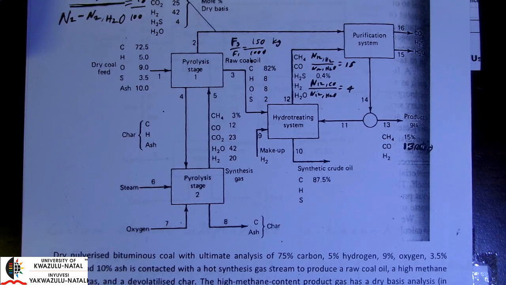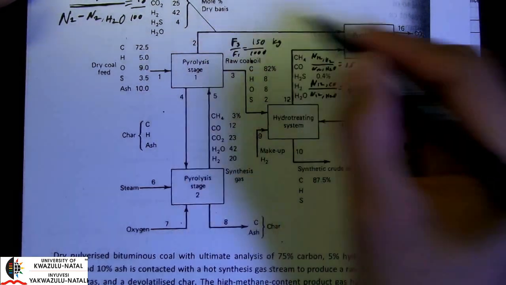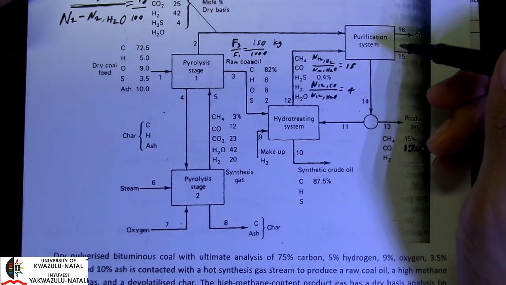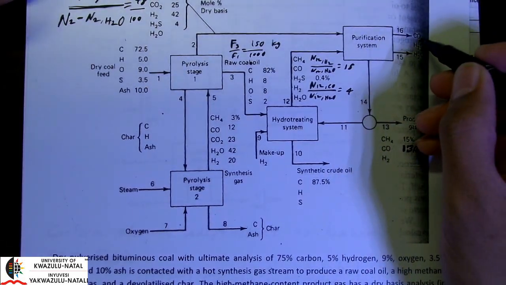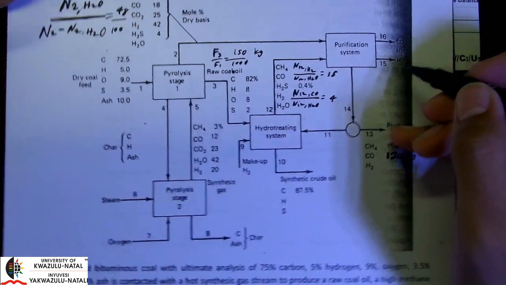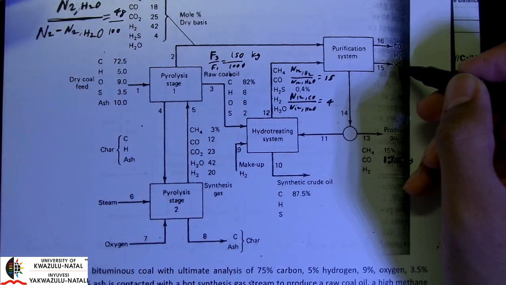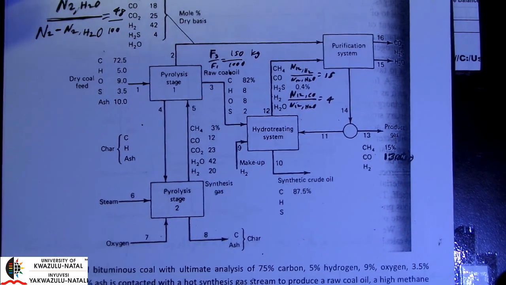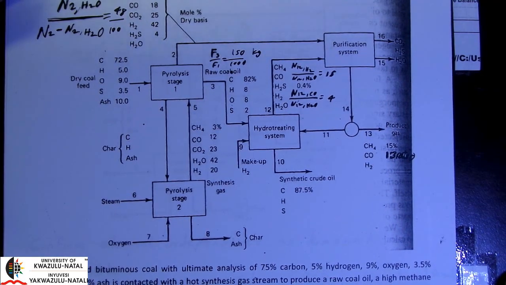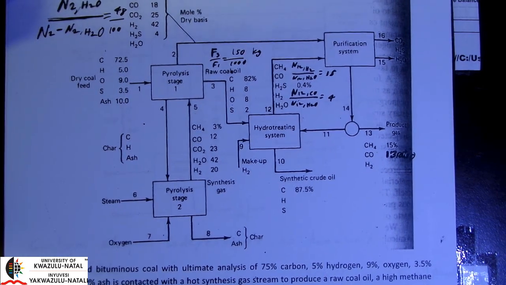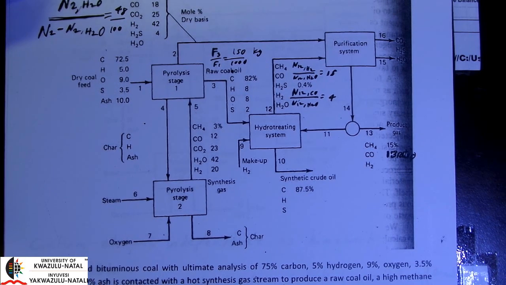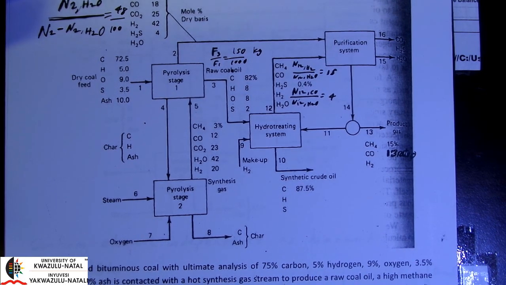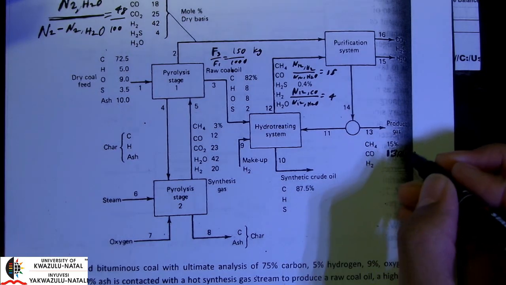Now the raw product gas from the first stage is sent to a purification system, okay, to remove our CO2, H2S, as well as some water, and the result is a gas consisting of 15 mole percent of methane and CO2, as well as CO2 and H2 in a 1:3 mole ratio.